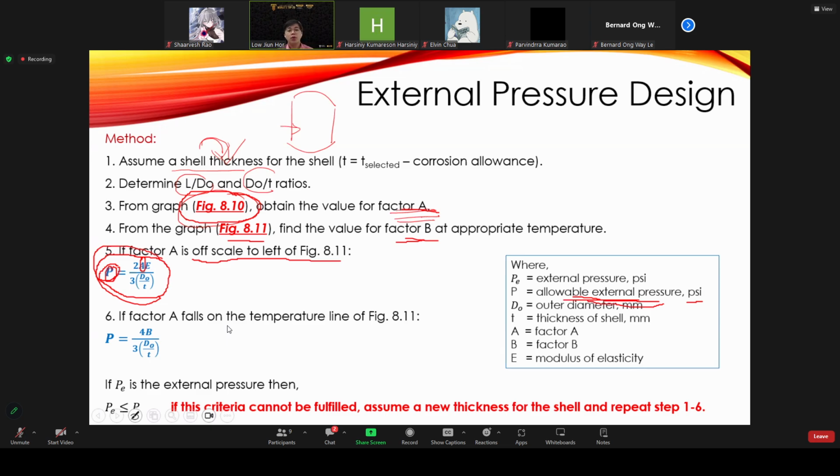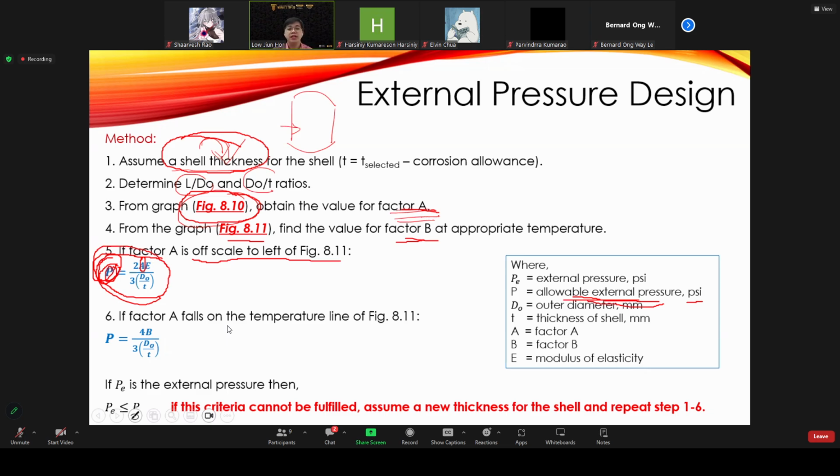So in other words, if the external pressure that you are going to withstand is smaller than the maximum pressure that can be withstood by your pressure vessel, then the thickness of the pressure vessel that you assumed just now is suitable, thick enough to make sure it can be safely operated.